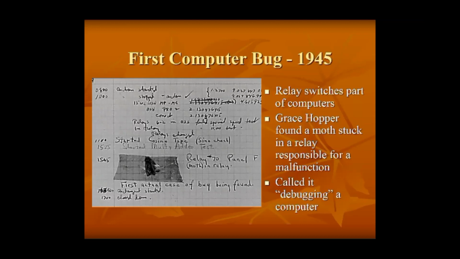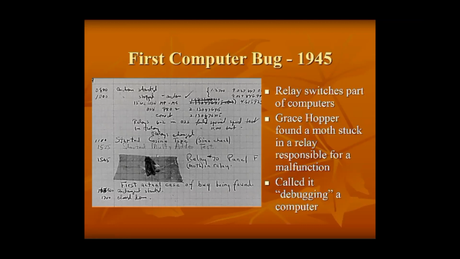Next, maybe some of you will wonder, where does the word debug or debugging come from? The first computer bug was discovered in 1945. It was actually discovered by Grace Hopper. When you say computer bug, it is an actual bug, which is a moth.